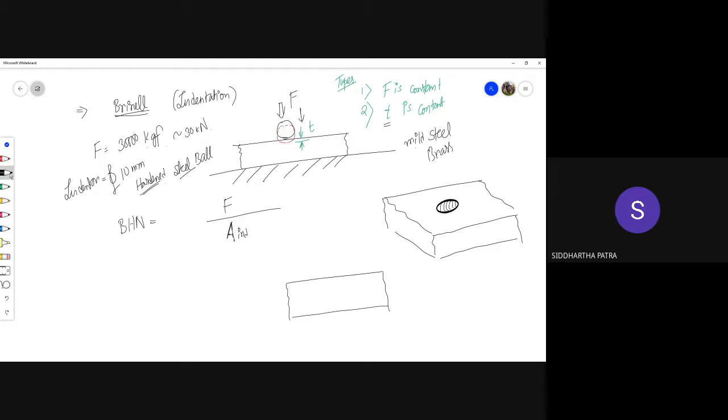So imagine this is the indenter, and this much is the depth of indentation. This is the center, and this capital D right here is the diameter of the indenter.